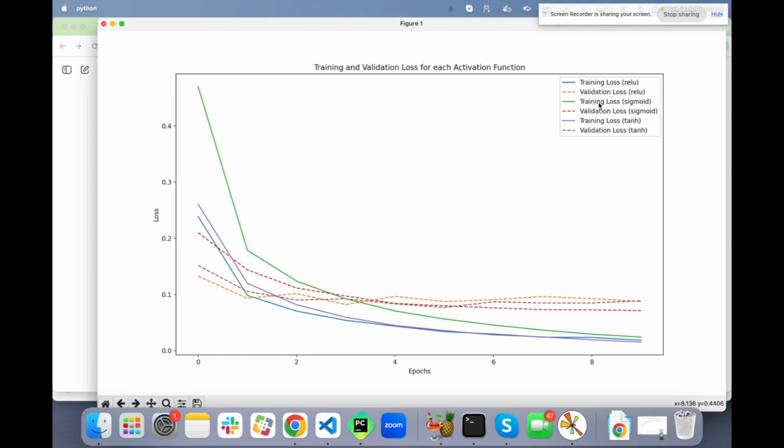Then for sigmoid, the training loss and the validation loss. Training is green, validation is dotted red. Okay, so the drop is huge here in the sigmoid, and then it closes around the training of rectified linear unit, but it is a little higher. So there is this unsteadiness, right?